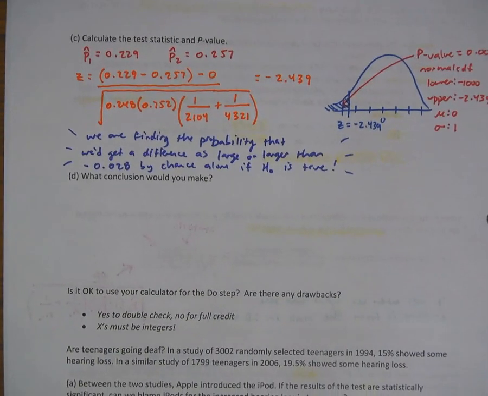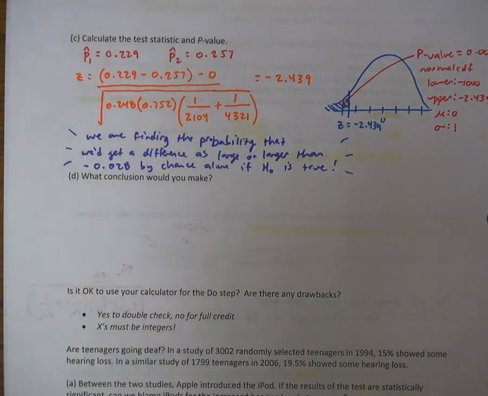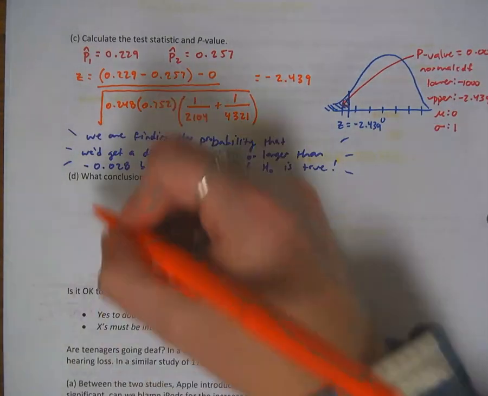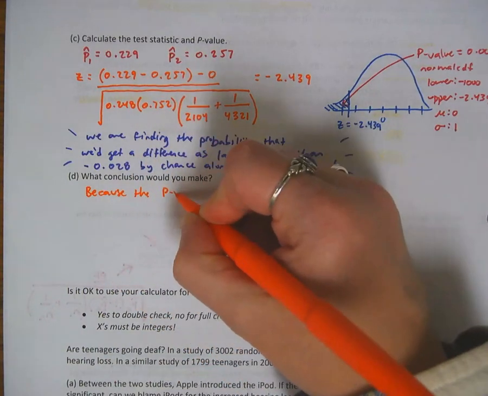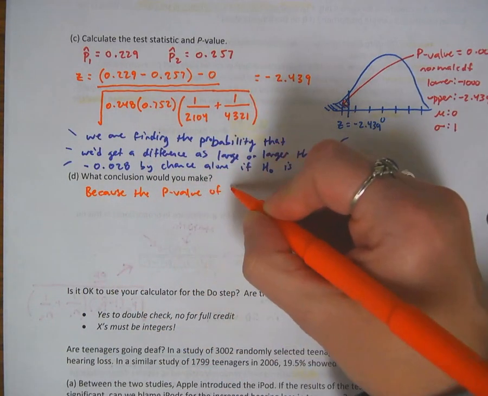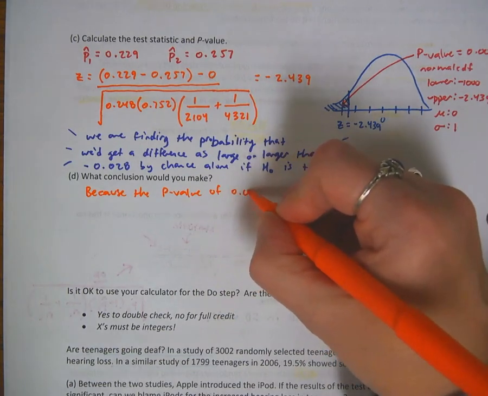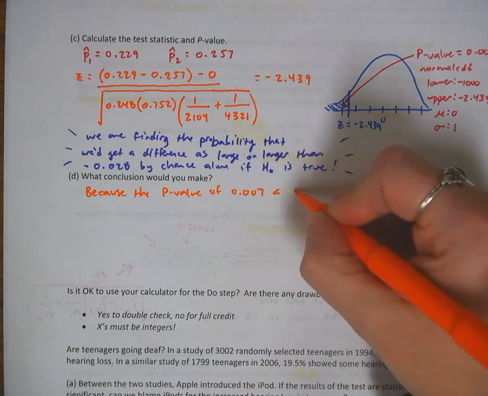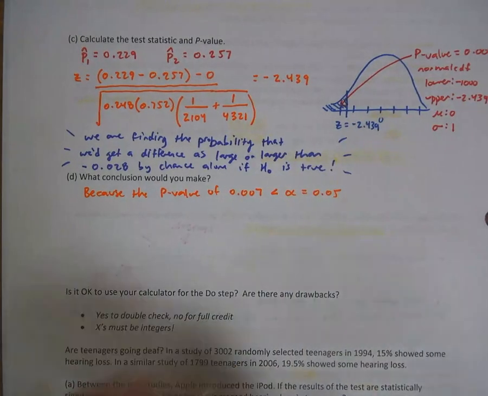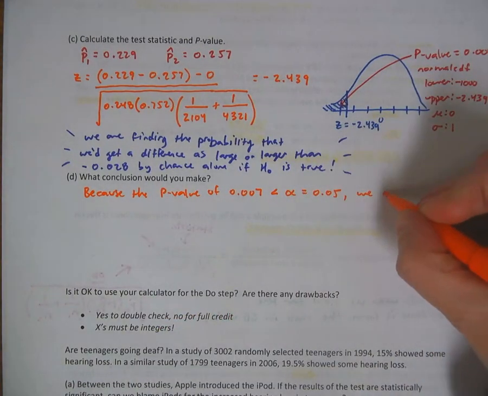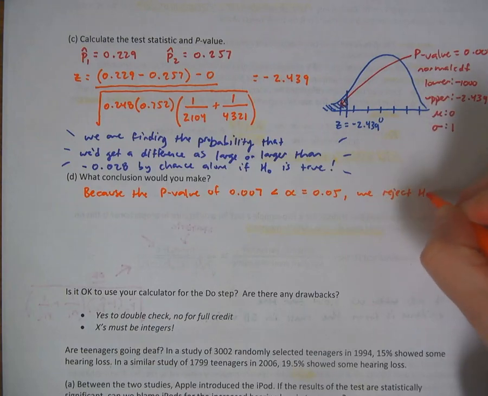What conclusion would you make? All right. Because the p-value of 0.007 is less than, let's use alpha of 0.05, we reject H0.